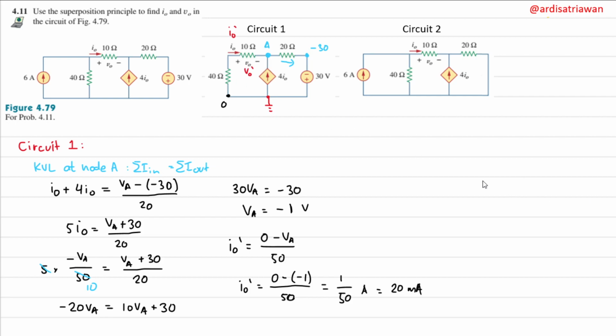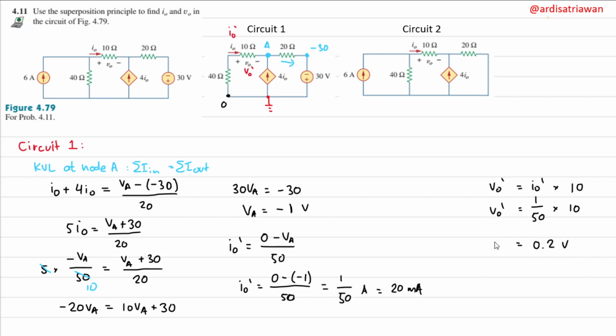Okay. Now if I0 prime is 20 milliampere, we can calculate V0. But here we have V0 prime, which will equal I0 prime multiplied by the resistance, which is 10. So I will have 1 over 3 multiplied by 10, or 10 over 3.